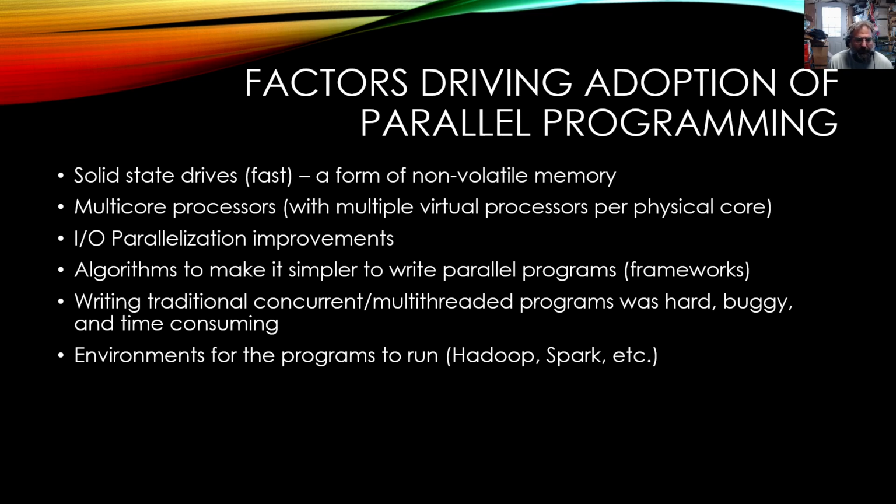Things around I/O improvements also have driven it. Better ways of getting data in and out of the systems. Better networks is also driving it. It's not on the screen, but it's also definitely one of the key factors, because it was a problem early on. That's part of why originally Hadoop used the cluster to store the data, because they wanted to keep it close to the thing that would operate on it.